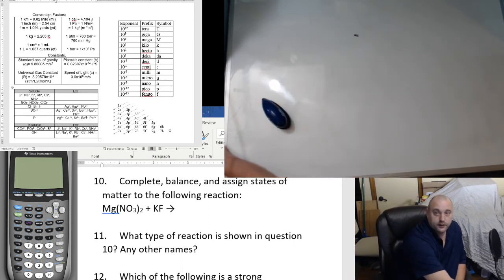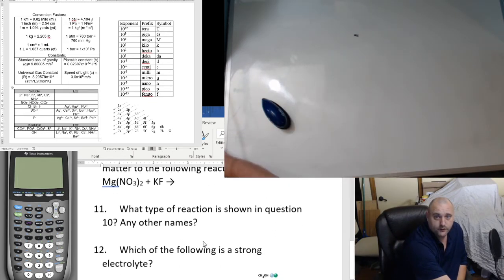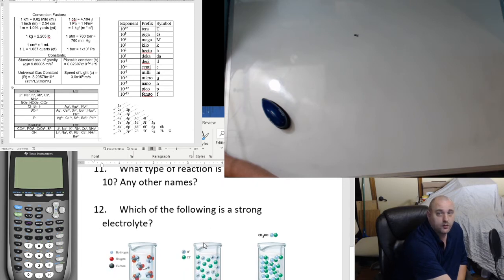All right. So let's see here. What's next? Oh, this one's a little bit tougher. It says, which of the following is a strong electrolyte? So this one, I'm going to just look at these pictures. I have here CH3OH, this is methanol. And you'll notice they're all still stuck together, one-to-one.